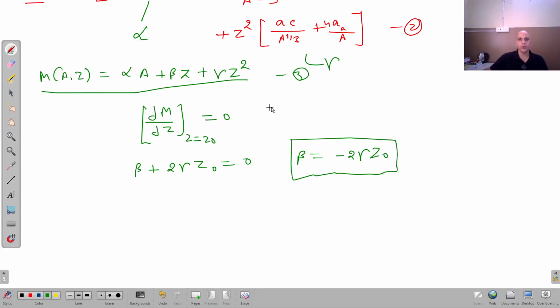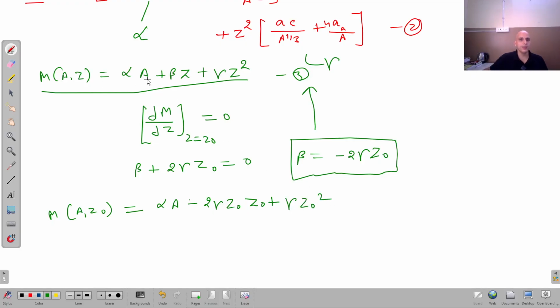Now I am going to put this in equation number 3, beta is equal to minus 2 gamma Z naught. So in that case, I will get M A Z naught. Now I am replacing Z with Z naught, then it becomes alpha A plus beta, now minus 2 gamma Z naught, into Z, which is Z naught, plus gamma Z naught square.